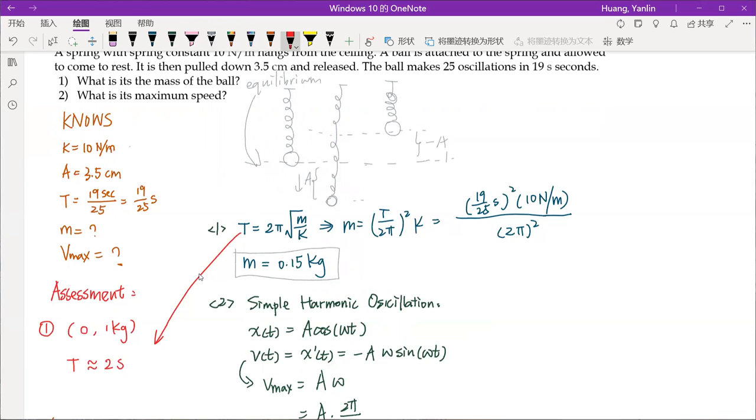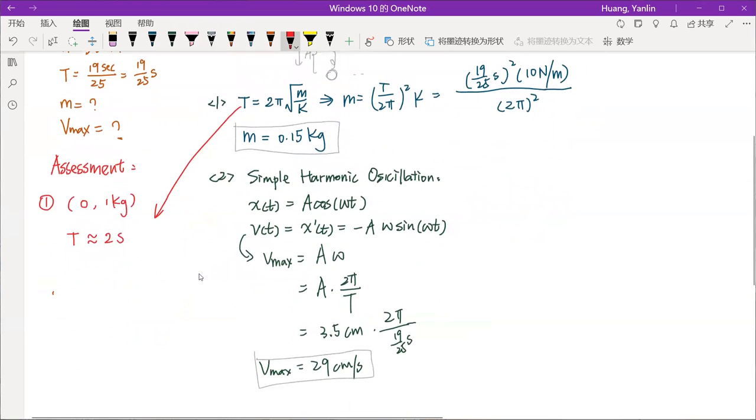So 1 kilogram would be really big and make the period also get bigger. So it should be smaller than 1 kilogram and bigger than 0. Therefore, the answer is reasonable.